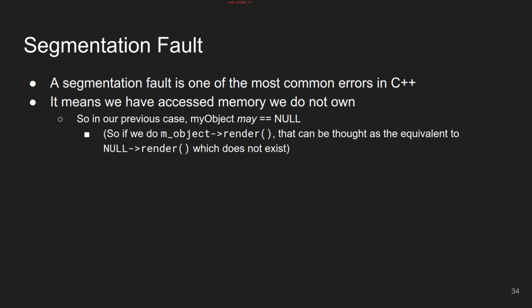A segmentation fault is one of the most common errors in C++. It means that we've accessed memory that we don't own. If something is pointing to null, you can think of this as the equivalent of saying null arrow render, which doesn't exist in our code.